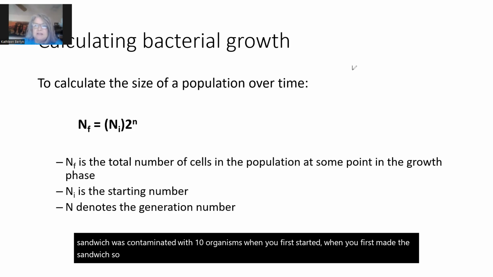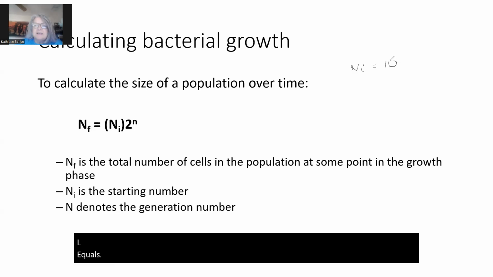So your N_i equals 10, because that's what you started with. And you left it for 4 hours. 4 hours times 60 minutes per hour will give you 240 minutes. So that's how long you had.